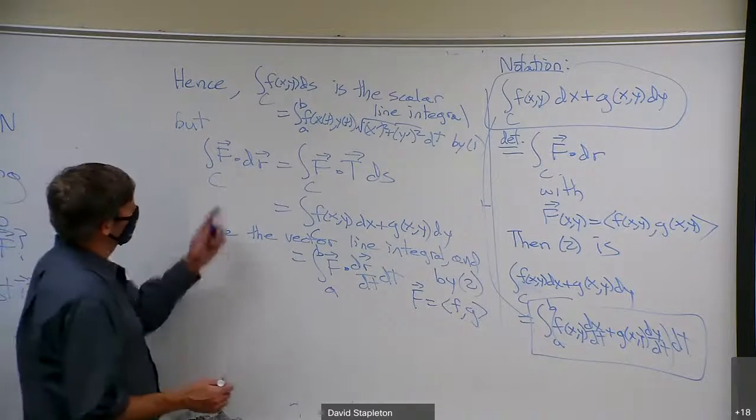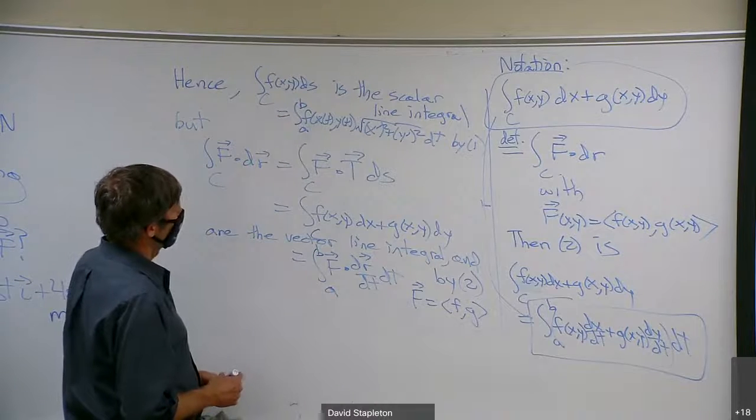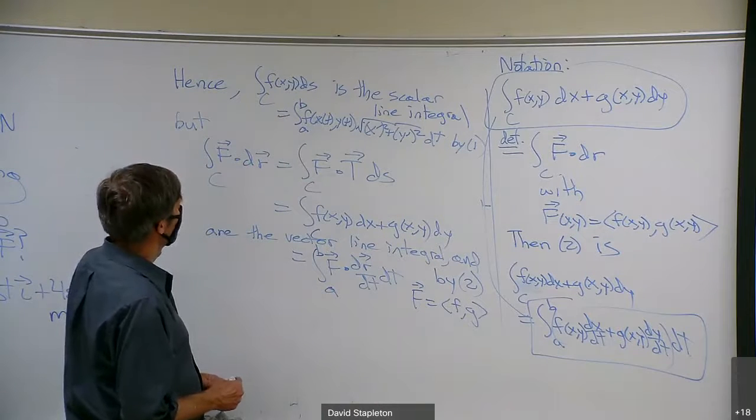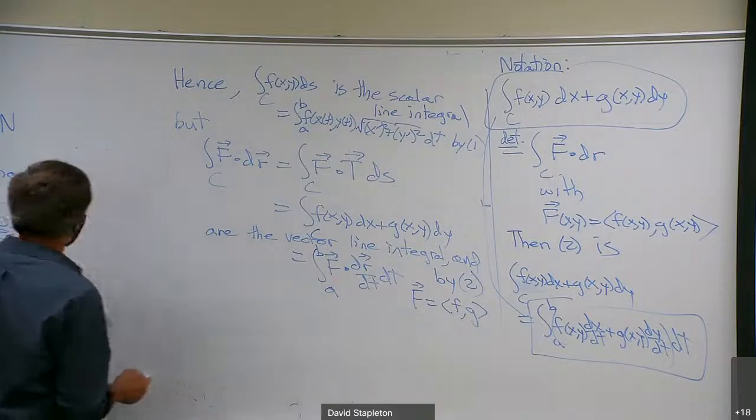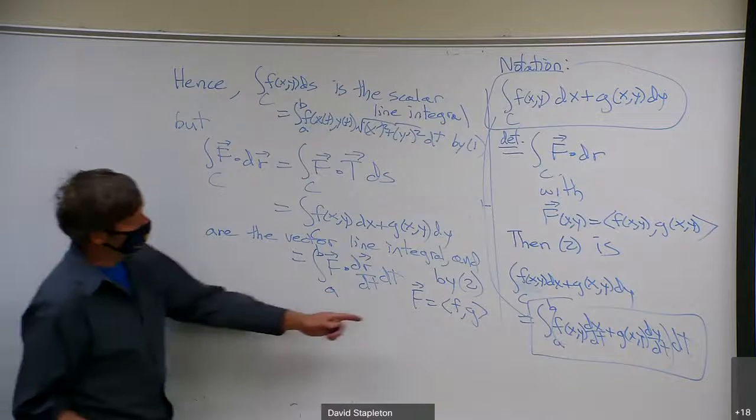Last case. So these all mean the vector line integral, and this will be the scalar line integral. So now we can try and do one of these in the other notation. And you replace dx with dx/dt dt, dy with dy/dt dt according to this.